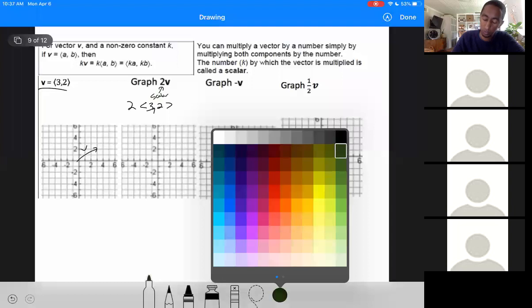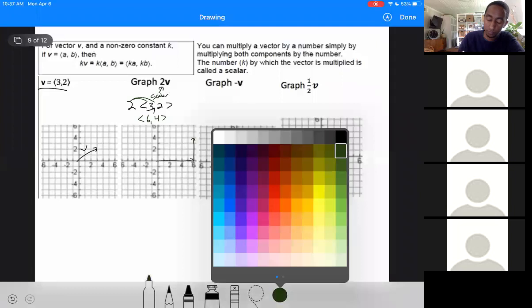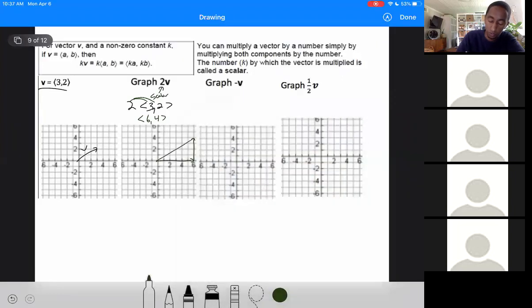So you would go ahead and you would multiply. You can think about it as distributing. You wouldn't necessarily call it distributing, but you can think about it as distributing we're multiplying 2 times A and 2 times B. So that'll be 6 and 4. So this is your new vector, 6 comma 4. So you're going right 6, that's your horizontal component, and up 4, that's your vertical component. So this would be the vector 2v.